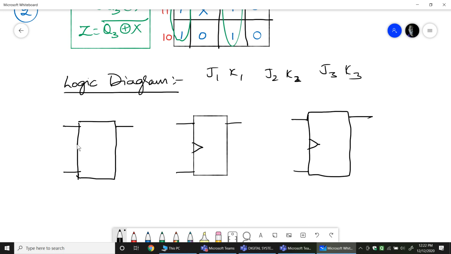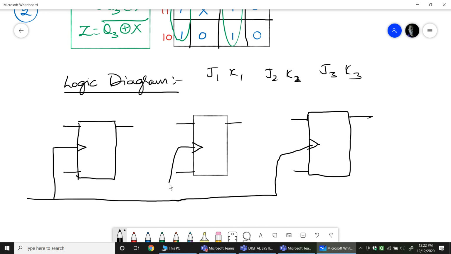It is a synchronous circuit which I am connecting, so I will give a common clock pulse to all. So this would be J1 K1, J2 K2, J3 K3.